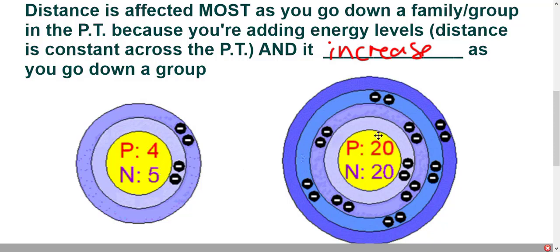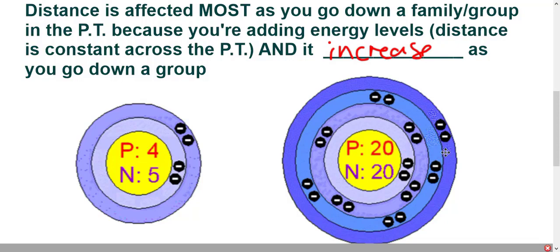Now if you go to calcium, it's got the 2 in the first energy level. It's got the 8 in the second energy level, 2 from the S and 6 from the P. Then it's got 8 more in the third energy level, and then 2 finally on the fourth energy level for that 4s2.